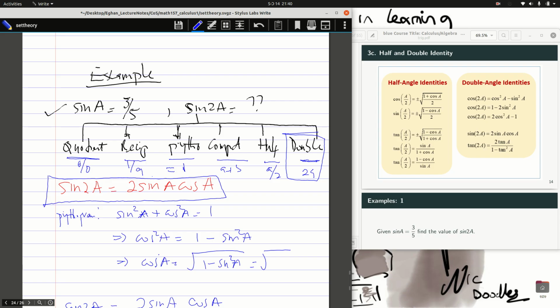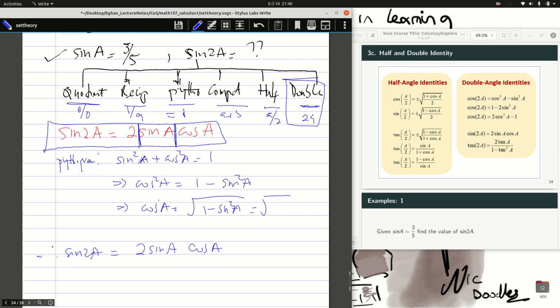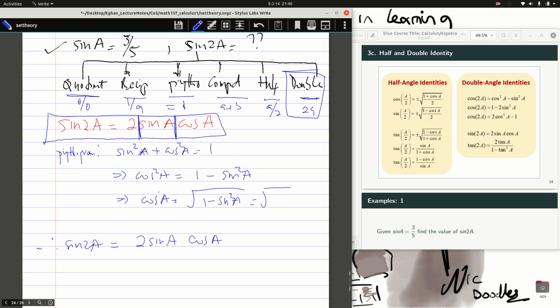Now I realize that I only have the sine A answer, but I don't have cos A. So what can I do? I have to use an identity. So I went ahead and used the Pythagorean identity. It says sine square A plus cos square A equals 1. And by change of subject, because I want cos A, I have to make cos A the subject.